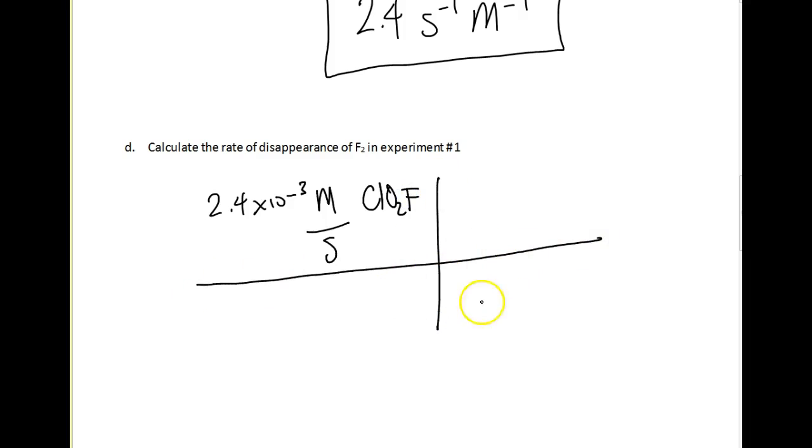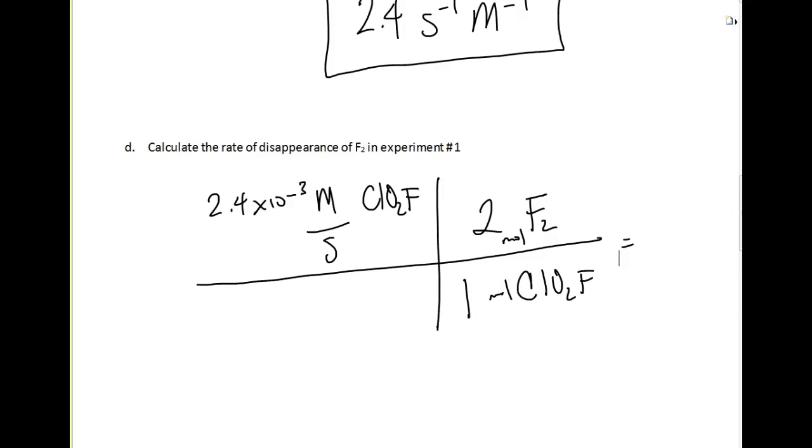And then we're going to use stoichiometry from the balanced equation, ClO2F with respect to F2. And if I remember right, F2 had a coefficient of 2, ClO2 a coefficient of 1. Those are in moles, but remember molarity is moles per liter, so we can just assume moles is okay. Moles and moles.